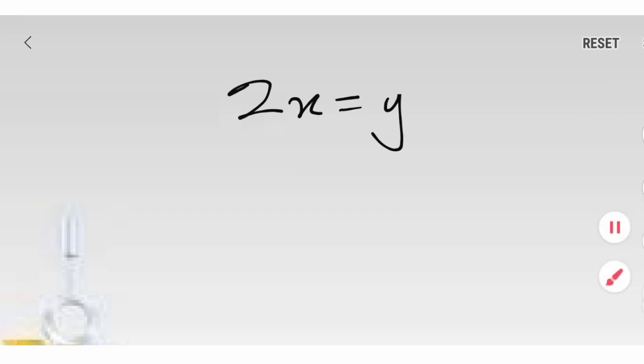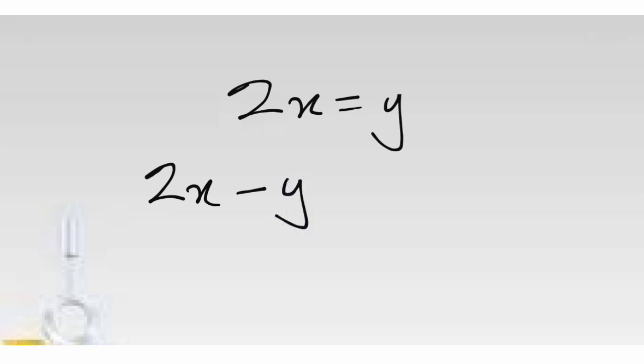Another example, 2x equal to y. It is a linear equation in two variables. Then how to write this equation in standard form? To write standard form, first we should write x term, that is 2x. Then equal to y will be minus y on the left side. Here constant term is not there, only x term and y term.